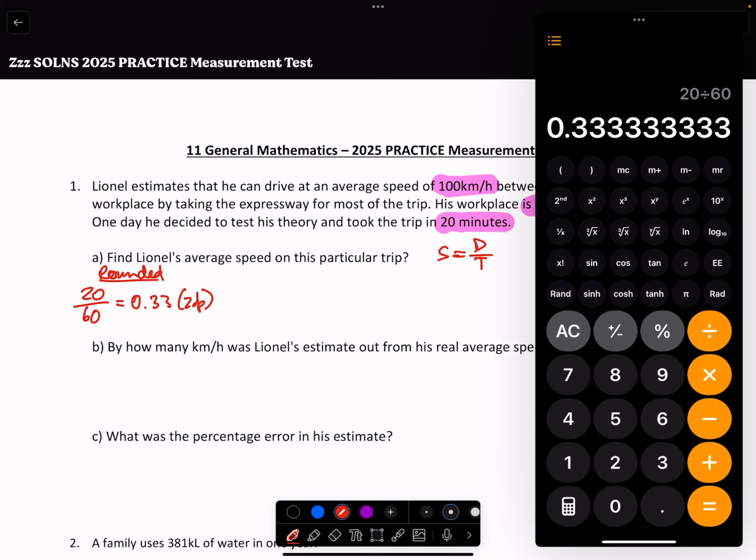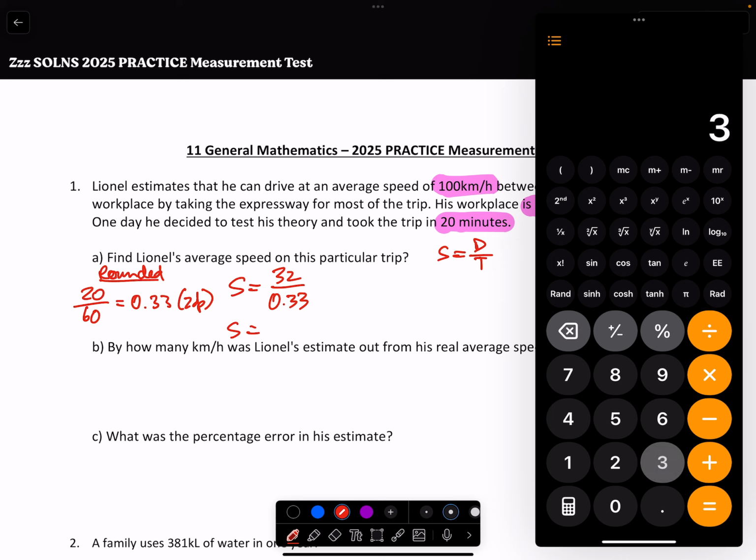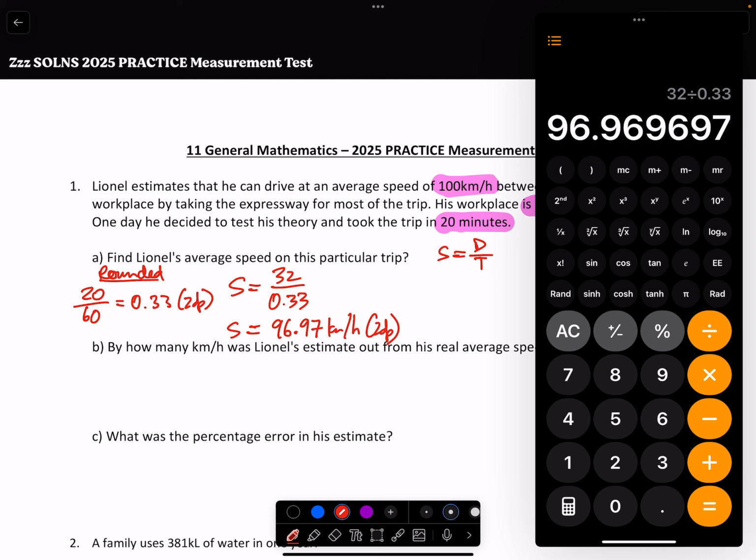So you've lost accuracy at this point. So your speed is going to be the distance, 32, over the time taken, 0.33. Speed is going to be 32 divided by 0.33. If you did the rounding method, you'll get 96.97 kilometers per hour to 2 decimal points.